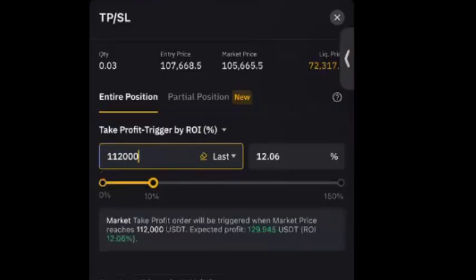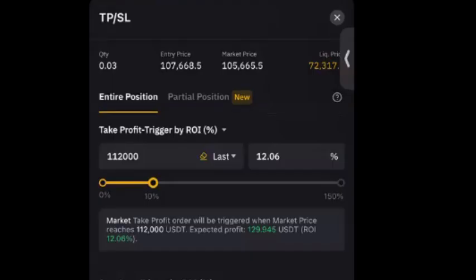You can see my profit for this trade will be $129, as you can see on the screen. For the current trade I have live, if Bitcoin was to get to $112,000, my profit would be $129. If I click confirm, that means that automatically, when Bitcoin gets to that price, whether I'm with my phone or not, it will take me out of the market and take my profits for me.